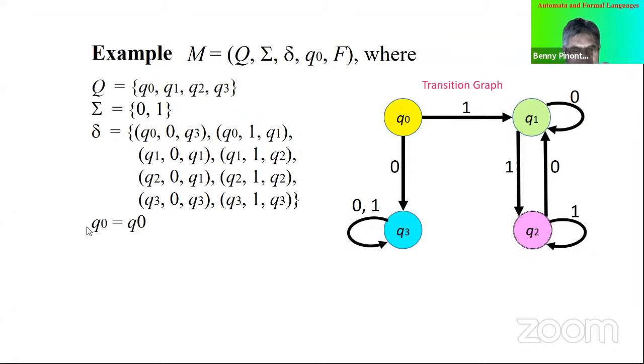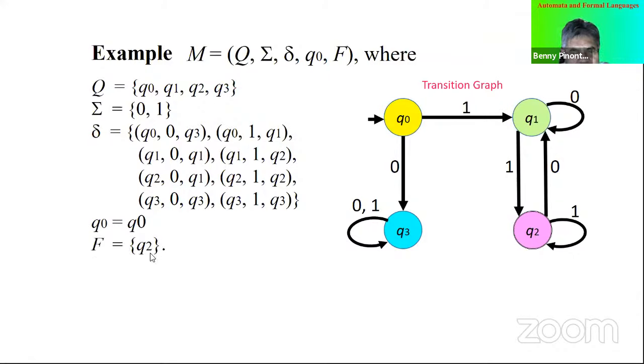And the initial state is Q0. To indicate the initial state in the graph, we put an arrow like this, pointing from nowhere to Q0.